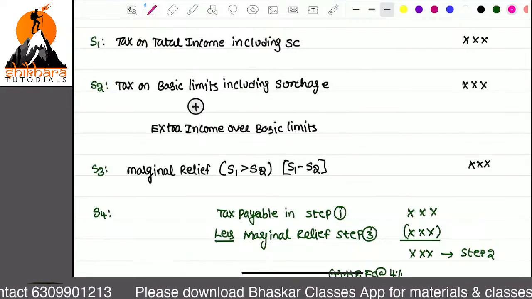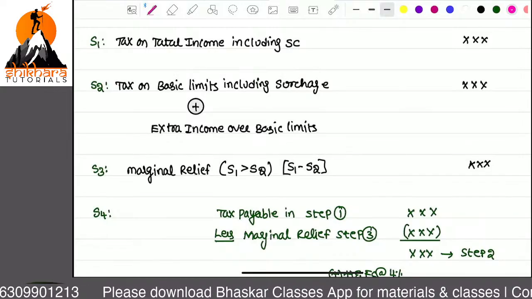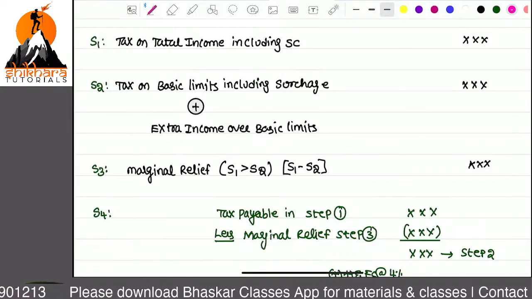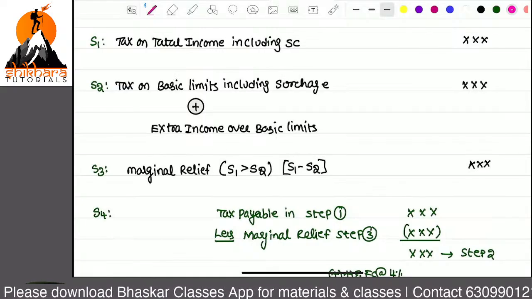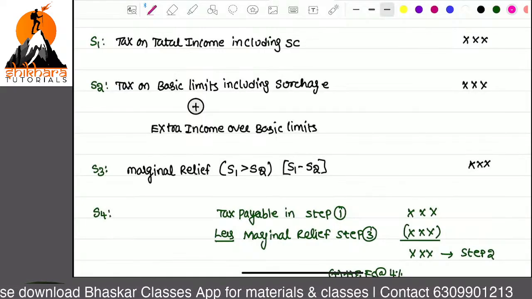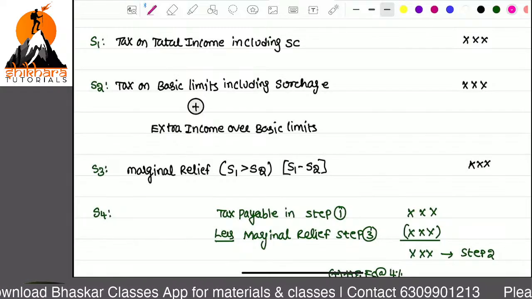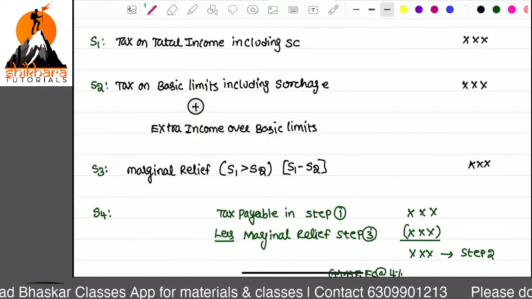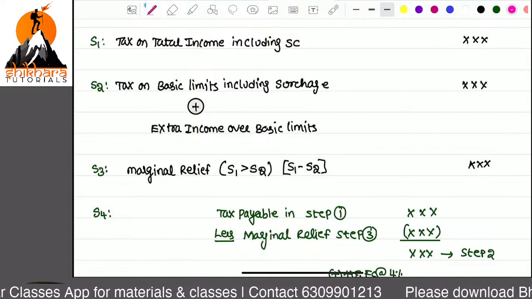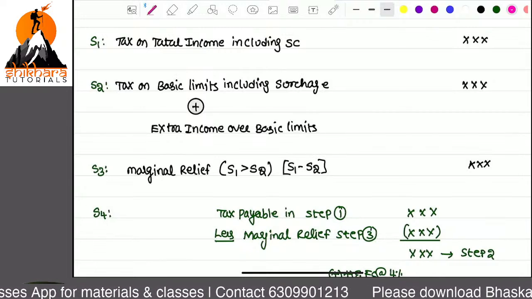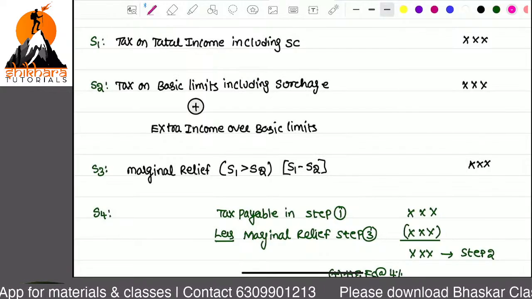You can use calculator, but tax computation also we need to show in every step. Without working notes, they will not allocate the full marks to you. So please try to compute the tax liability like 2,50,000 to 5 lakh, 5 lakh to 10 lakh. All the things also you have to show in the steps itself.